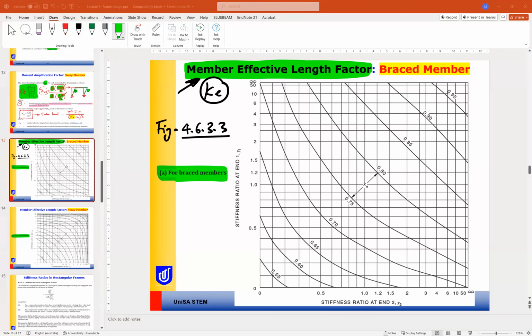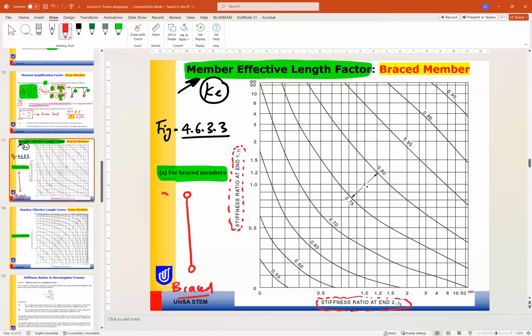We should know the stiffness ratio for the top end, end one, and the stiffness ratio for end two. If we have a column that is braced, we have gamma 1 at the top end, for example, and gamma 2 at the bottom end. So we should find gamma 1 and gamma 2. If we find them, we can easily go to the chart.